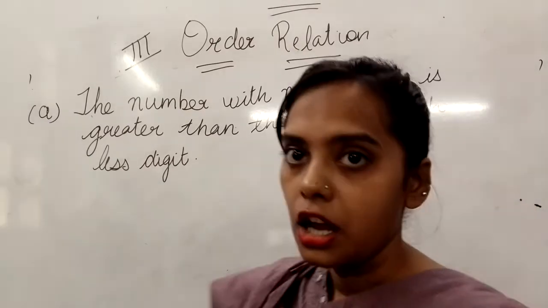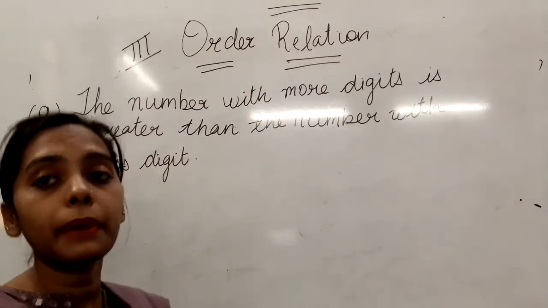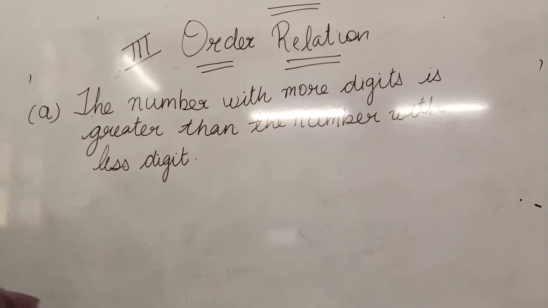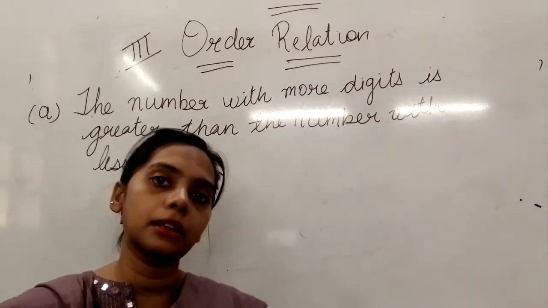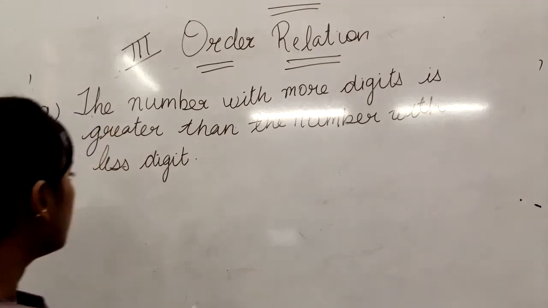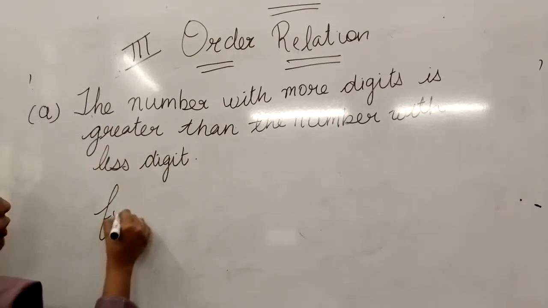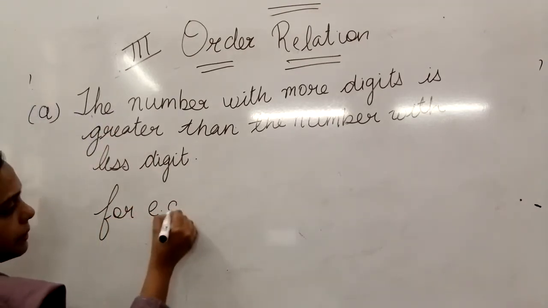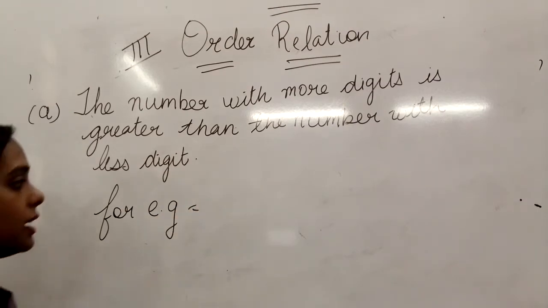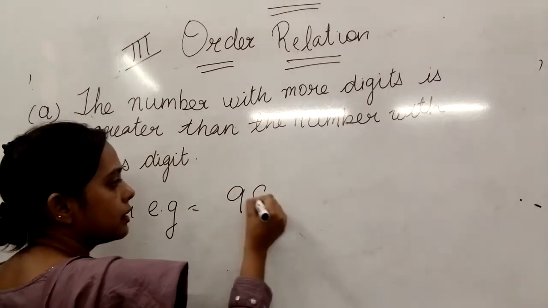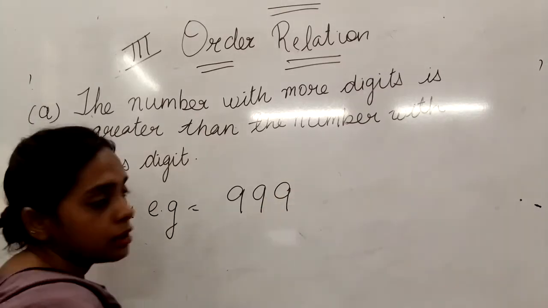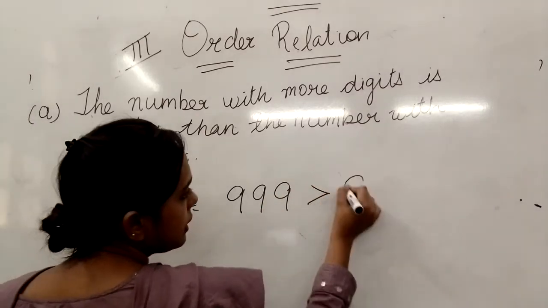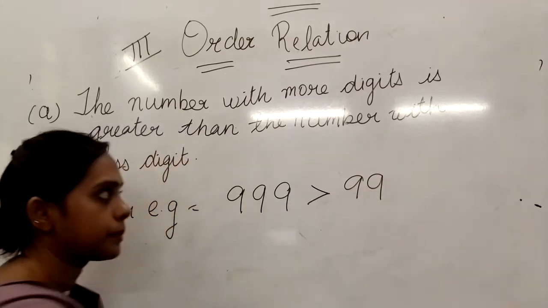Now you have understood earlier also, we had already discussed all the examples, where you saw the number with more digits is always greater than the number with fewer digits. Now you will write here, for example, 999 will always be greater than 99.